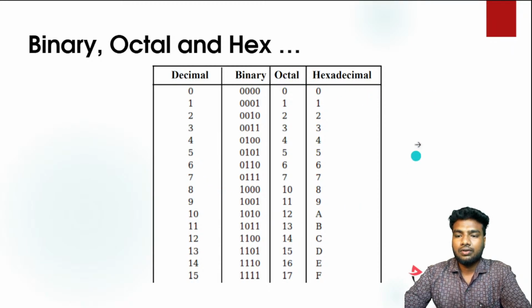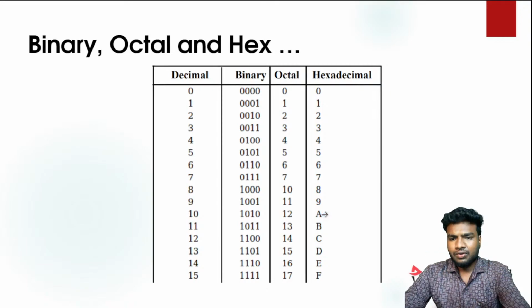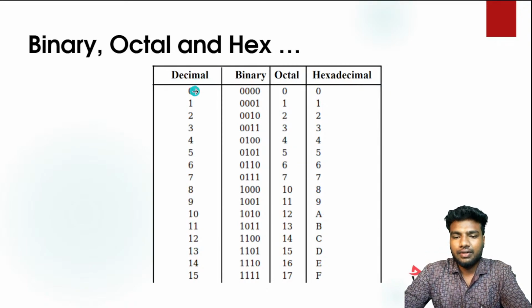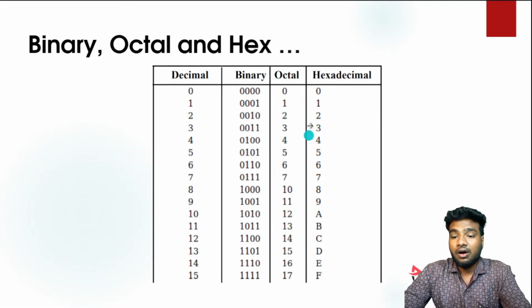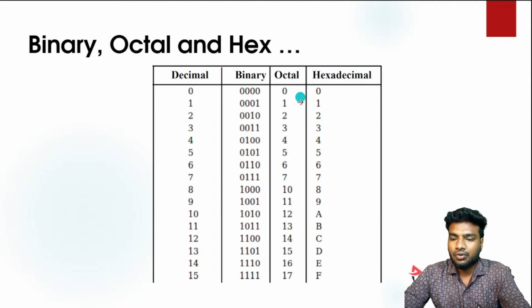So this is a table for binary, octal, hexadecimal. Decimal means we know that 0 1 2 3 4 are decimal values. Binary means it will consist of zeros and ones only. Octal means 0 to 7 only. You can notice here, up to 7 it has the same value, 0 to 7.